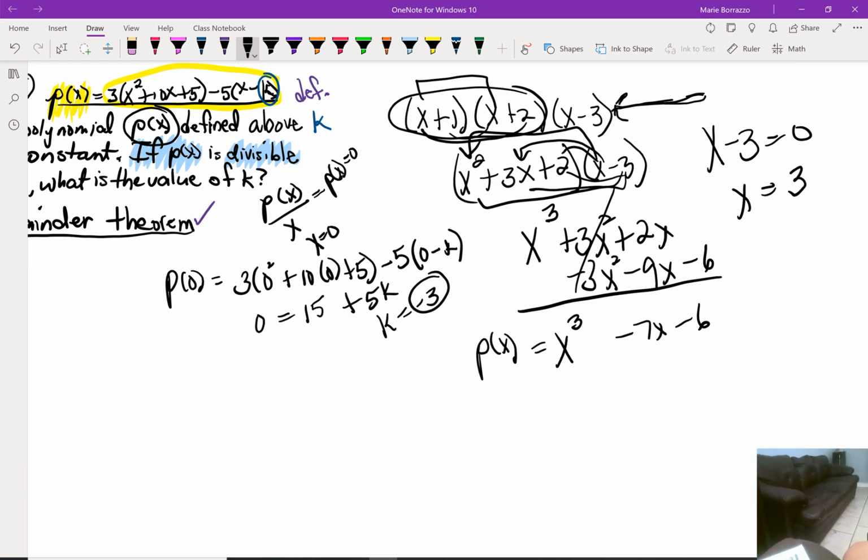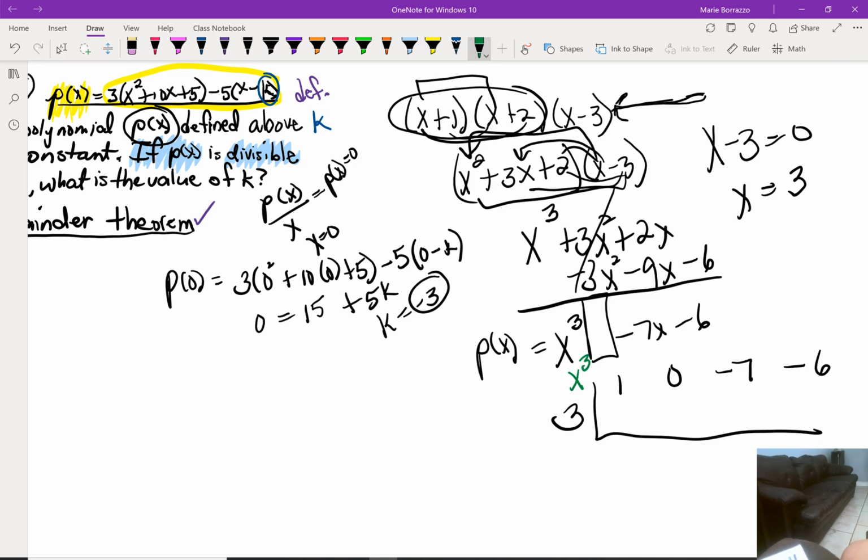So in synthetic division, I put my 3, and my coefficients 1, 0, negative 7, negative 6. If you're wondering why 0, remember, we're missing an x squared term. So I'm saying this is x cubed plus 0x squared minus 7x minus 6. That's why the 0 is there.